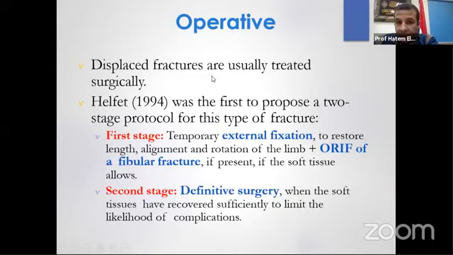The displaced fractures are usually treated surgically. Helfet in 1994 was the first to propose a two-stage protocol. First stage, temporary external fixation to restore length, alignment, and rotation of the limb, with open reduction and internal fixation of the fibula if there is fracture in the fibula, and if the soft tissue around the fibula allows for fixation.